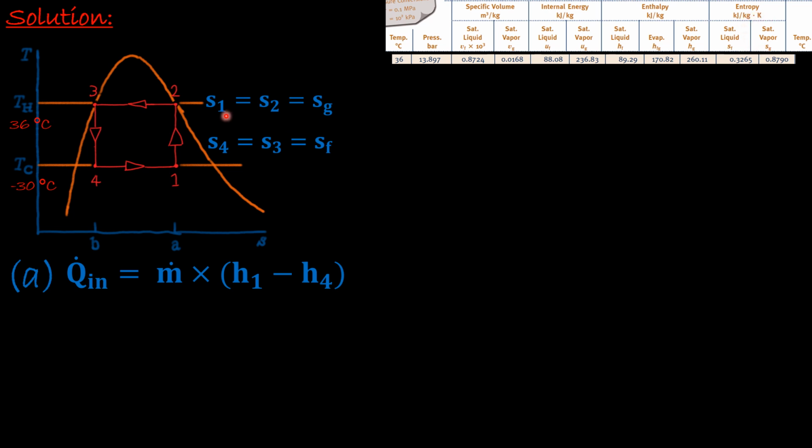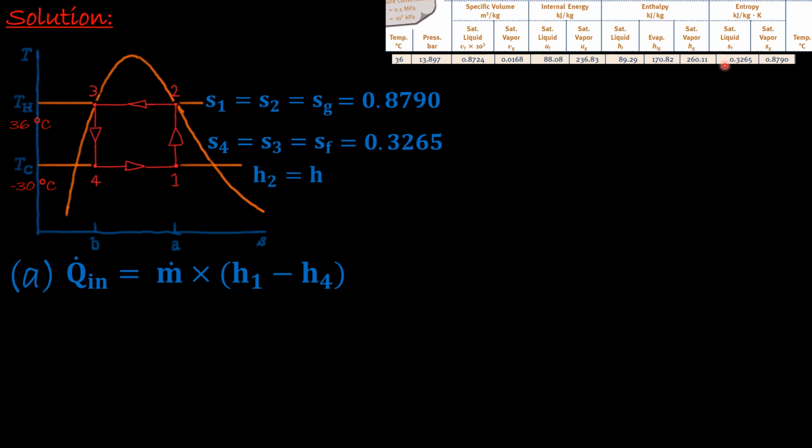And remember, s1 equals s2 equals s sub g, and s sub g in here from the table is 0.8790, and the unit is kilojoule per kilogram Kelvin. And the same thing we're going to do for entropy at 4 equal to entropy at 3, and the entropy at 3 is at saturated liquid, and we get this value.